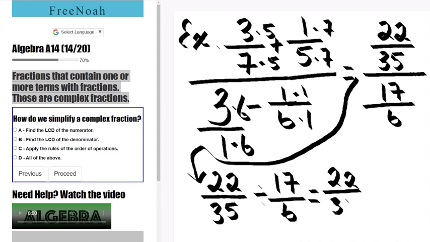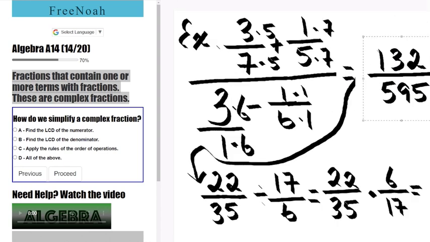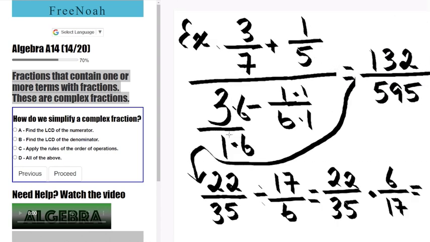So 22 over 35 times 6 over 17. And it's simple multiplication at this point. 22 times 6 over 35 times 17. And we're left with 132 over 595.